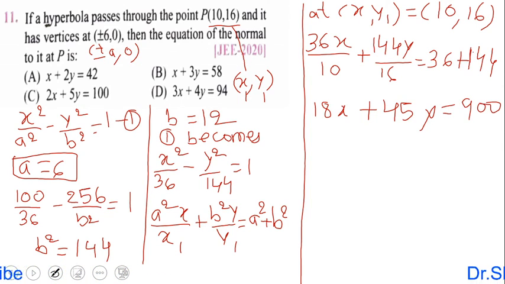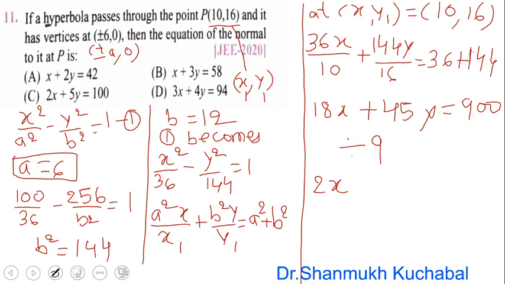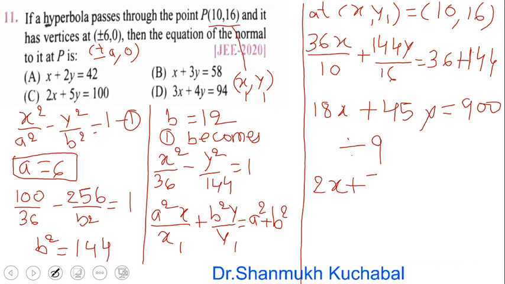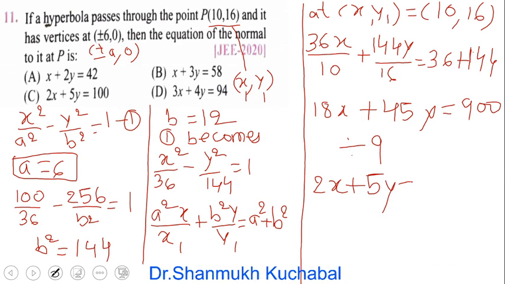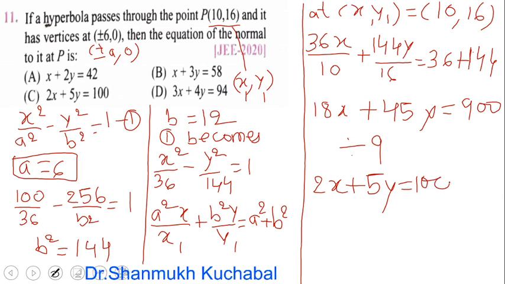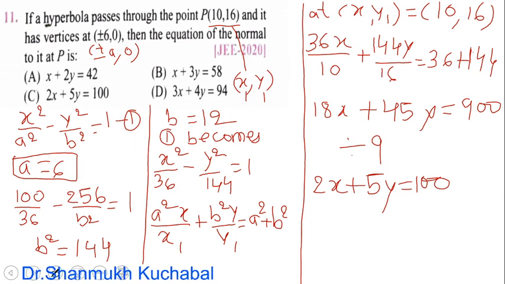Everywhere 9 is common, so dividing by 9 we get 2x plus 5y equal to 100. So we will observe that option C is the right answer.